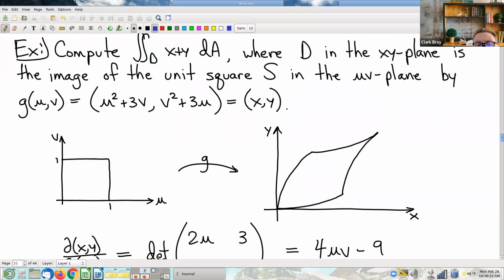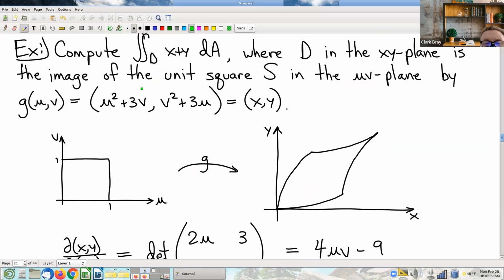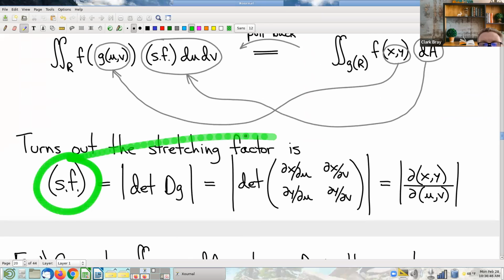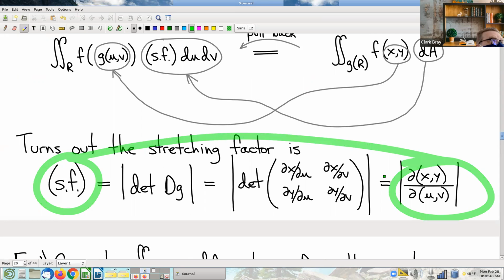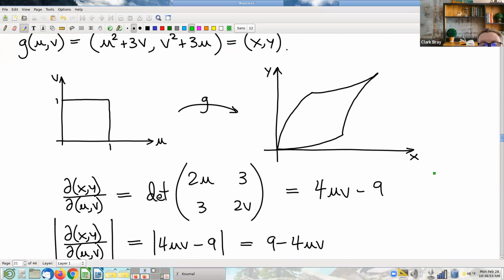So that said, my domain is an image. It's the image of a more desirable shape, as it turns out. It's the image of the unit square. I like the unit square much better. I'm going to say, let's do a pullback. In order to do the pullback, we need to know the stretching factor. I'm going to go ahead and compute our stretching factor first, because we know we're going to need it.